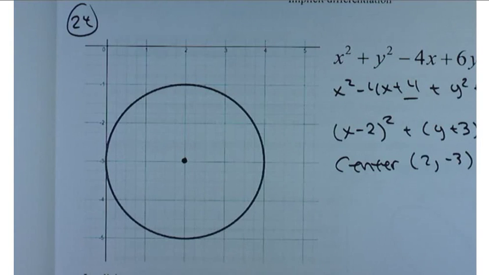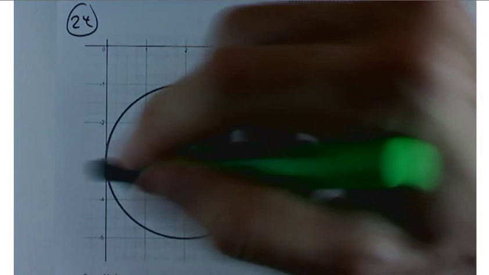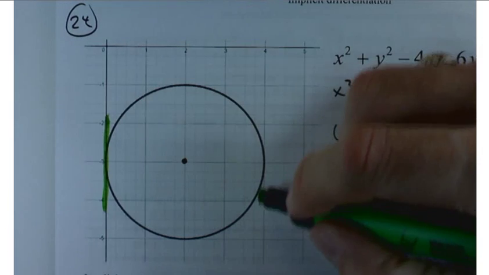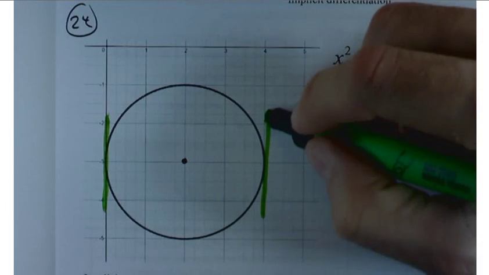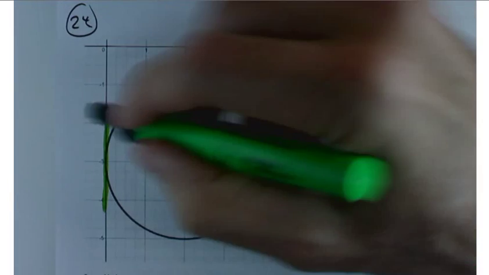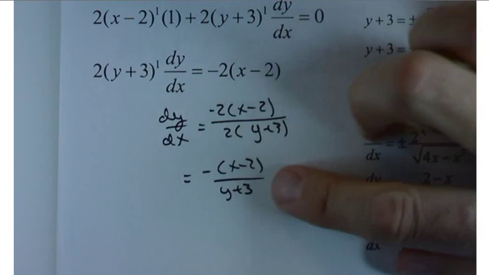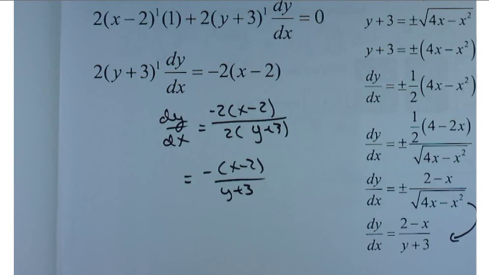Let's look at the graph and see what kind of problem we're going to end up with at y equals negative 3. What's going on with the tangent line here and here? Vertical tangents, right? Vertical tangents have an undefined slope. Well, guess what? At negative 3, that slope's going to be undefined. Makes sense.